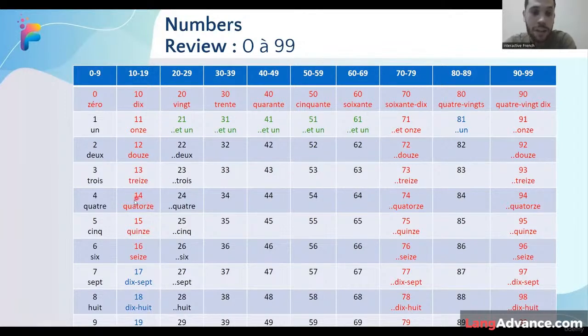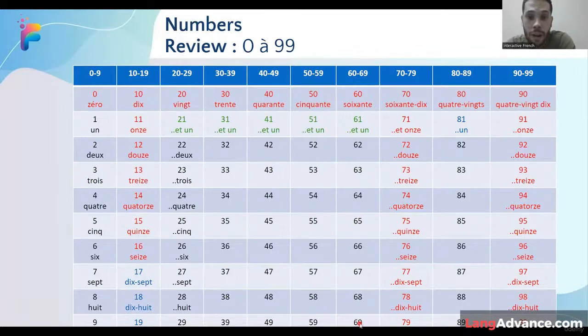It's a common mistake, right? 14 for 14 and 40 for 40. Next, from 50 to 59, and then 60 to 69.